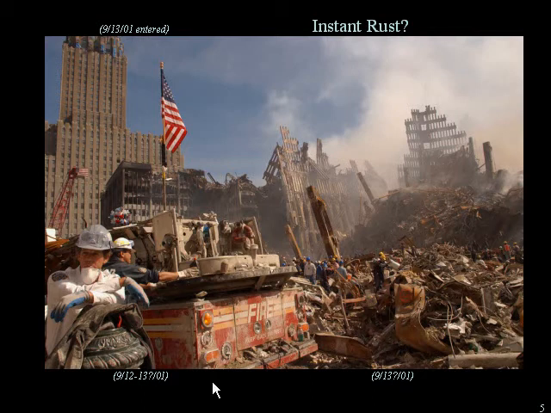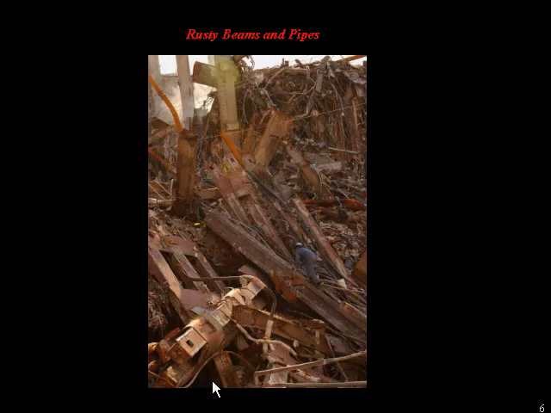I'm looking at all the pictures in totality and looking at the consistency. There's various folks that took different pictures at different times, different groups. If private individuals took pictures that showed the same thing, this instant rust seems very consistent across the board.